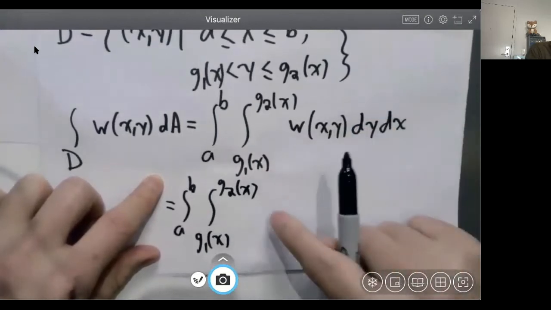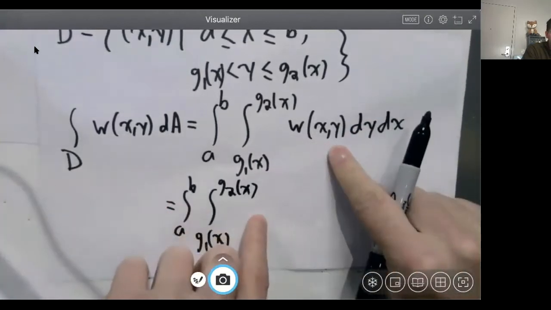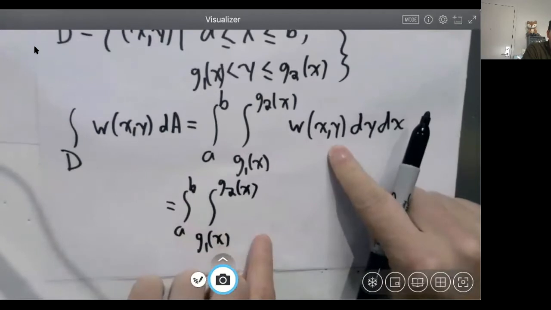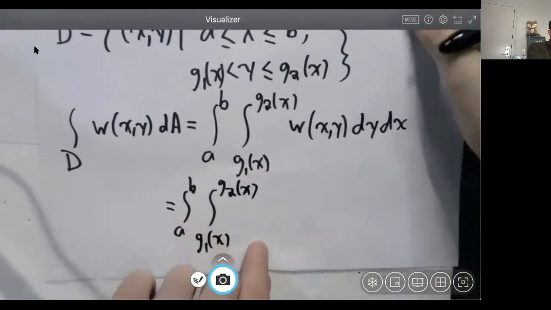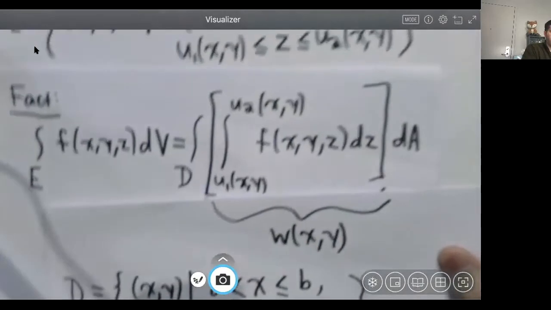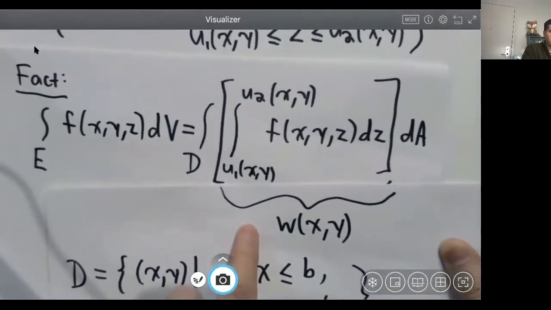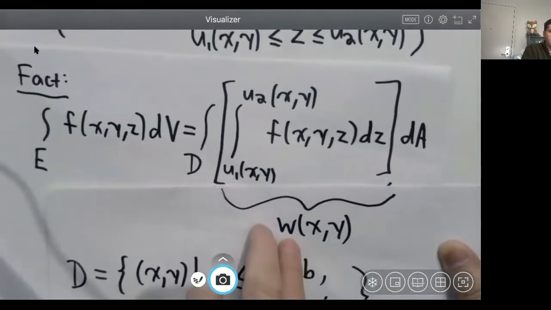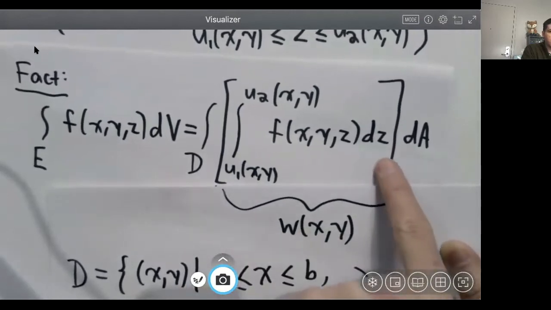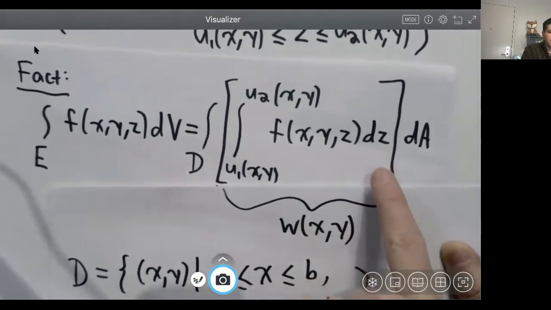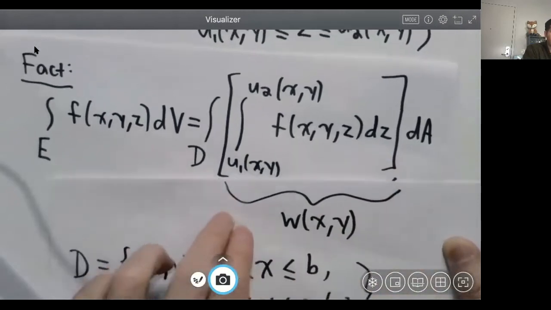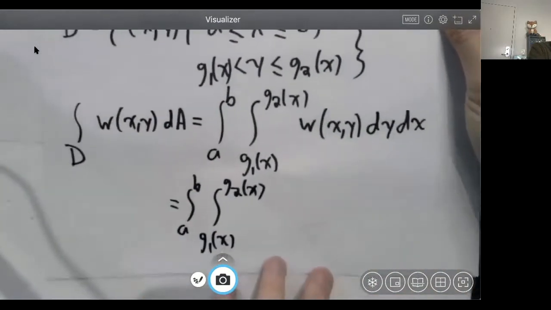And now I'm going to replace w of xy with the expression that we wrote down earlier. That's our expression for w of xy. W of xy is equal to this integral where we're integrating with respect to z. It's this expression in brackets here.